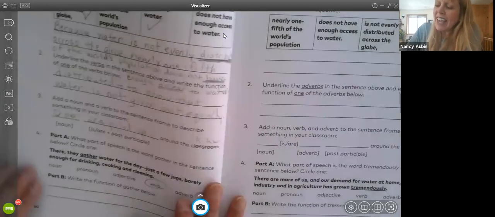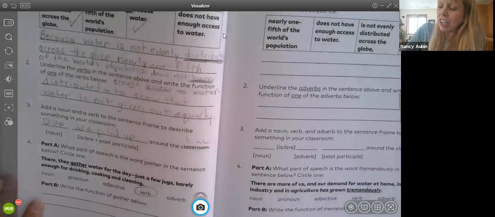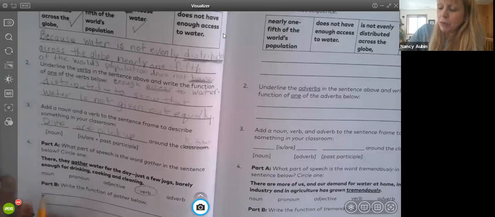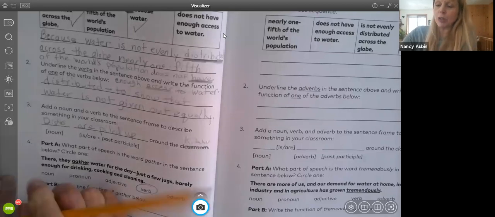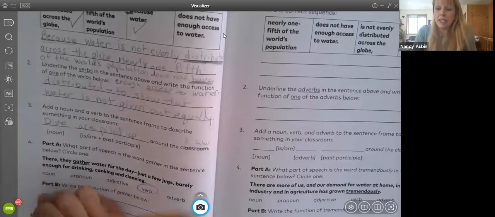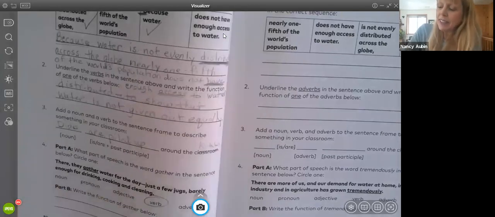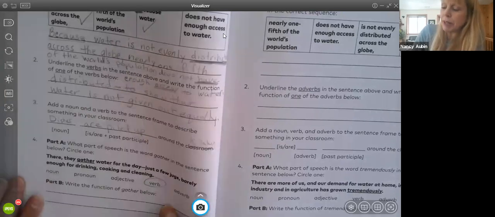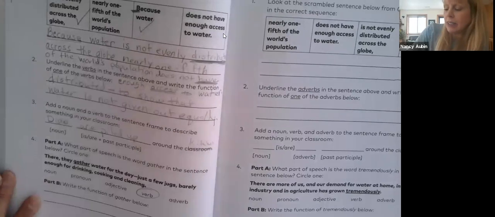When they say they gather, what is the function of the word gather? Write the function of gather. The way gather is being used, they're doing what? What are they doing, Nixon? There they gather water for the day. Just a few jugs, barely enough for drinking, cooking, and cleaning.